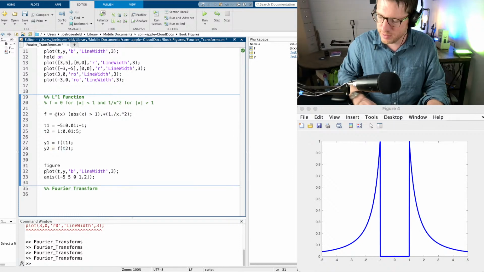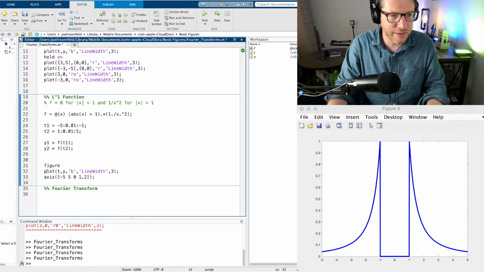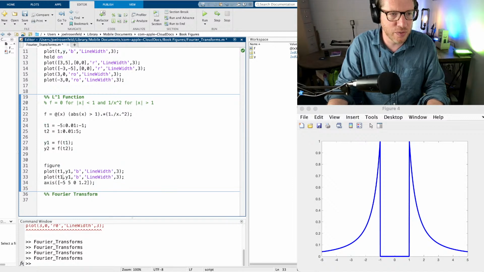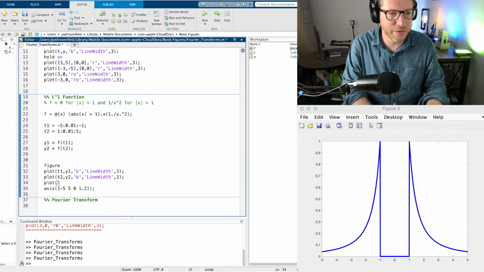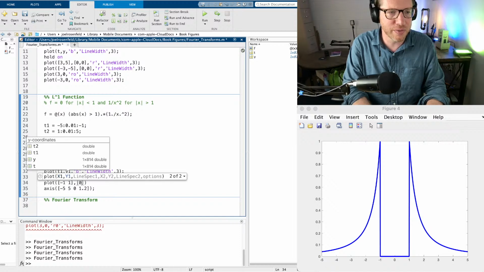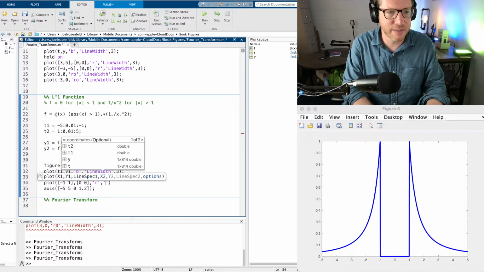So we can plot these in segments. So we have t1, y1, copy that, paste it, t2, y2, there we get that, and then we have plot of -1 to 1, 0 and 0, and red line width 3. Okay.